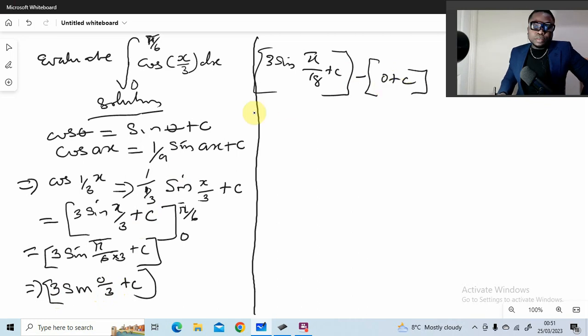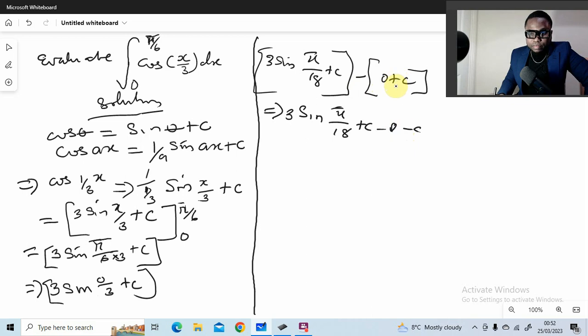Now this is the same thing as 3 sine pi over 18 plus c. I will clear the bracket here. Minus times 0 is minus 0. Minus times plus c is minus c.